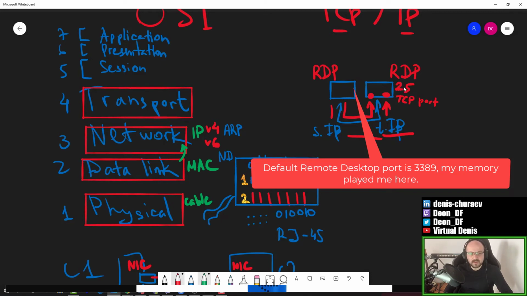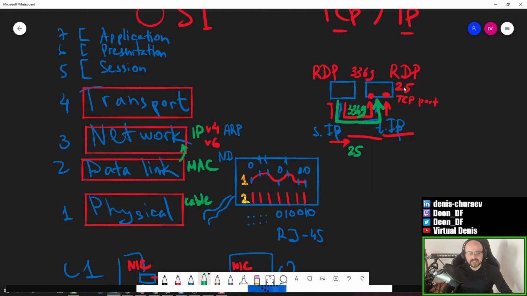And for RDP, it's 3369. So when the information is sent, one of the connections will go to port 3369, and another connection will go to port 25. So while technically it still uses the same IP address, there are 2 connections because there are 2 different target ports.